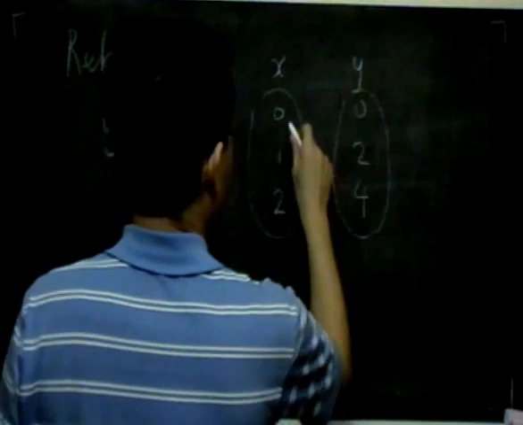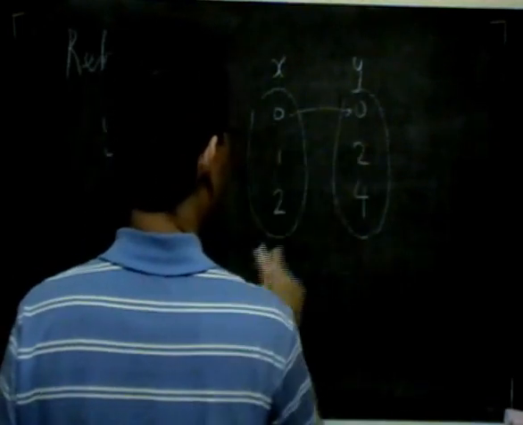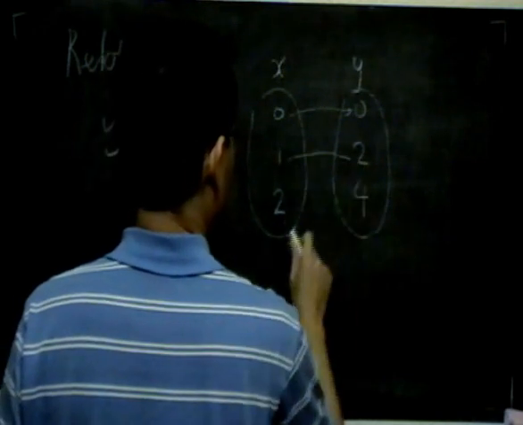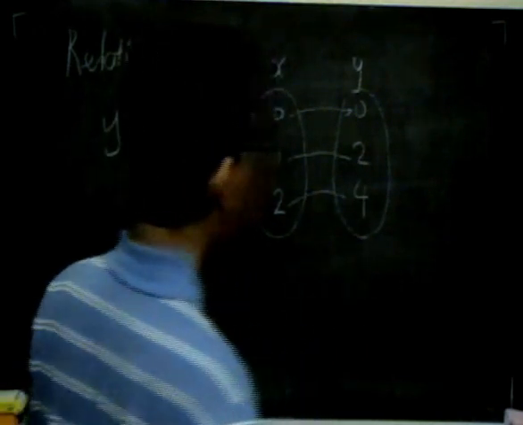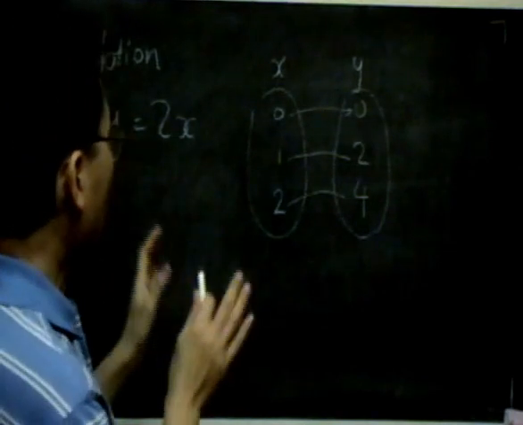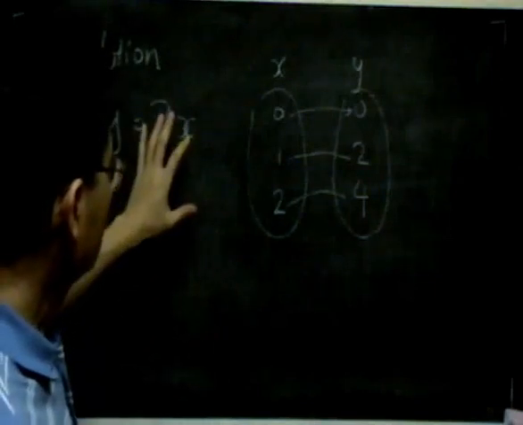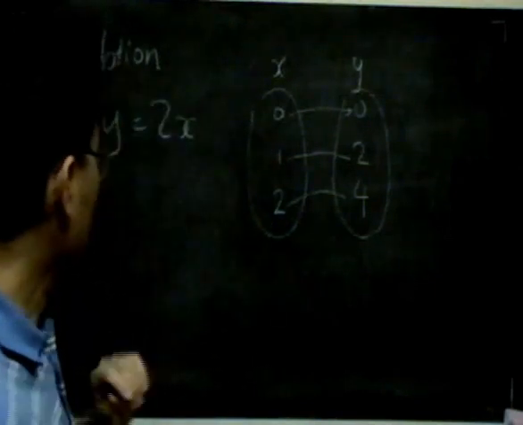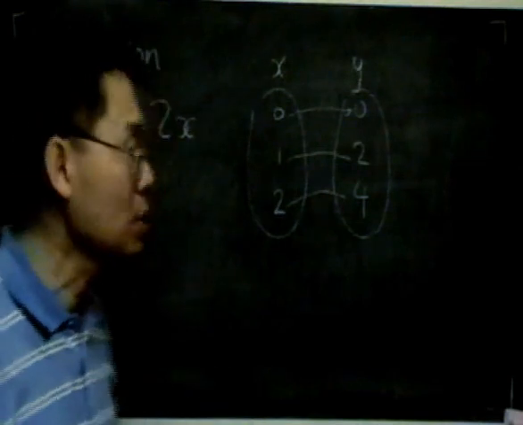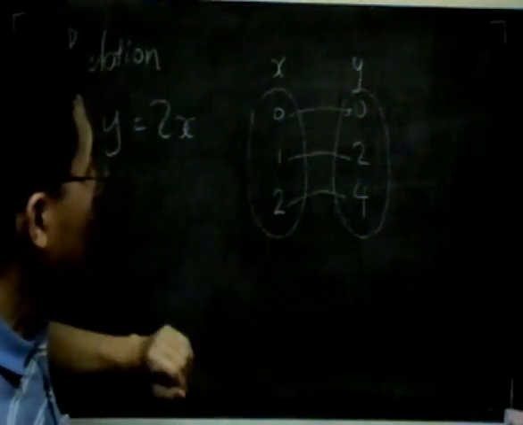I will just decide that 0 is related to 0, 1 is related to 2, and 2 is related to 4. So I have a relation. Now, once I have done this, I can do this without using the equation at all, right? I can just make this up, just these numbers.